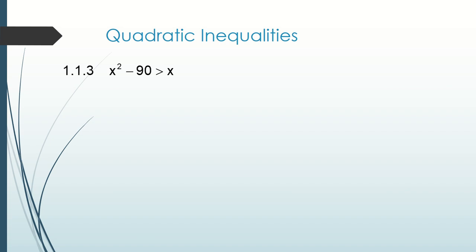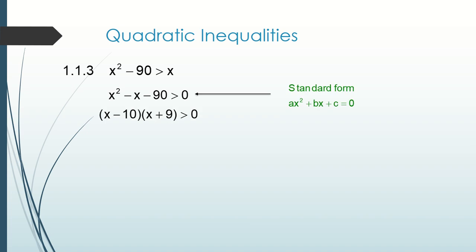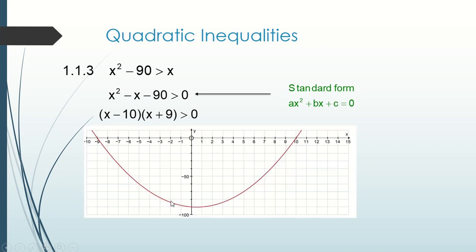Moving to the third question, you have a quadratic inequality, but it is not in standard form. So you get it in standard form by moving x to the left hand side and it becomes minus x. You factorize. Minus 10 plus 9 is minus 1, and minus 10 times positive 9 will be minus 90.